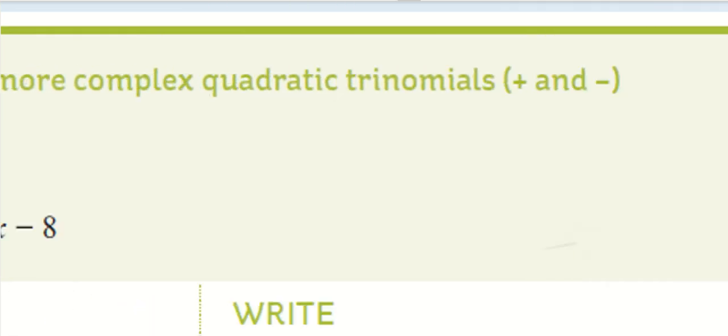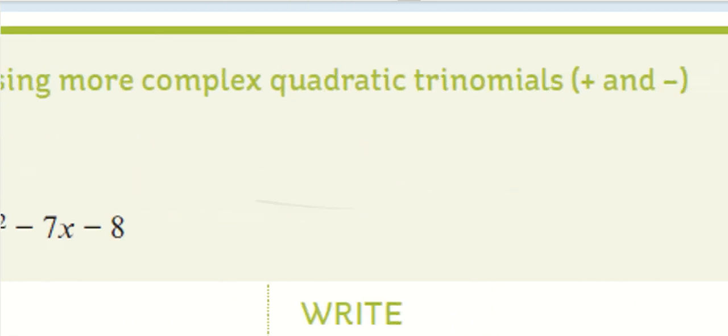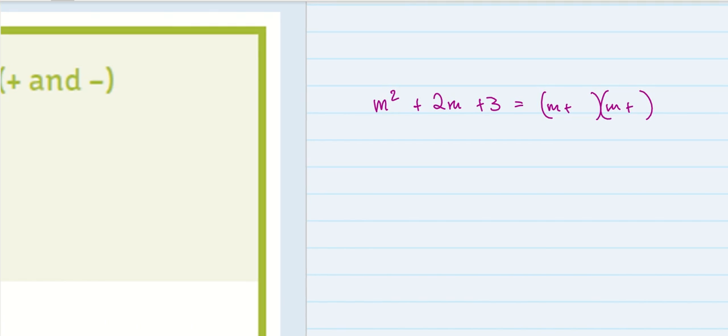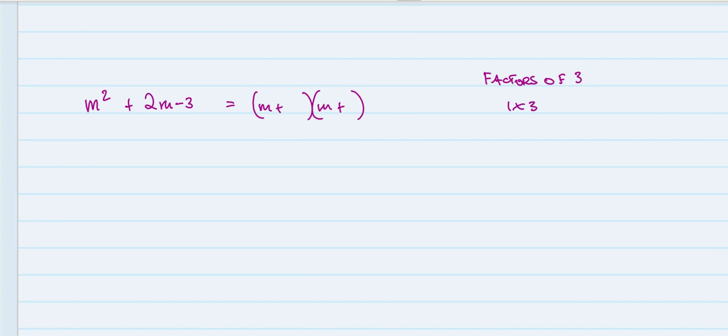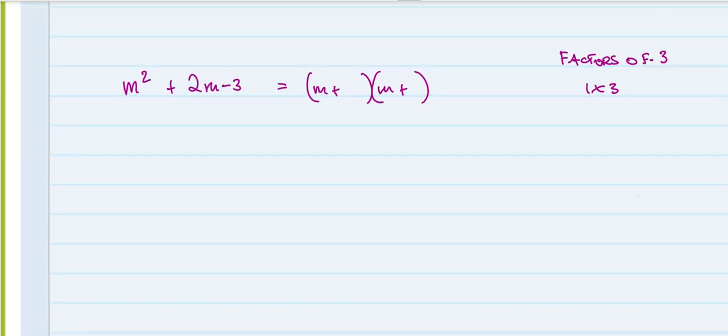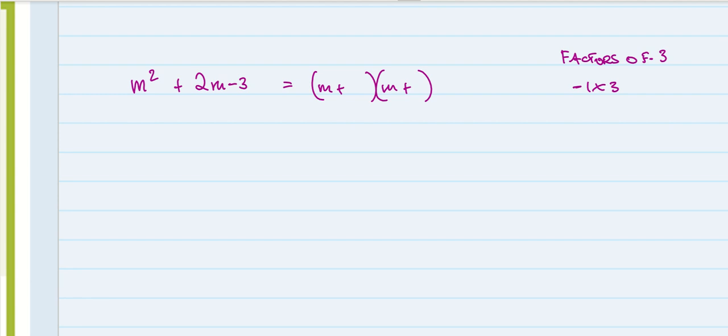Now, I think I've messed up because I needed to put in a negative on the final one. That had to be a minus, and this had to be factors of minus 3. So I need to fix this up. So it's negative 1 times 3 or 1 times negative 3. Which of these two multiply to give negative 3?